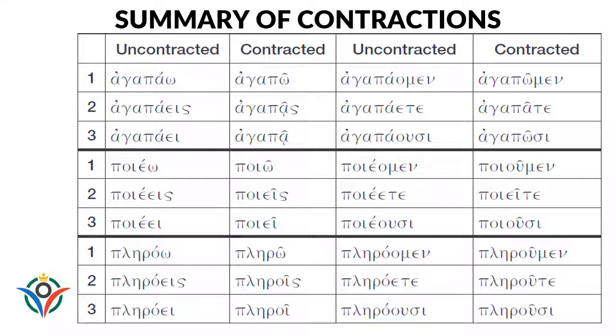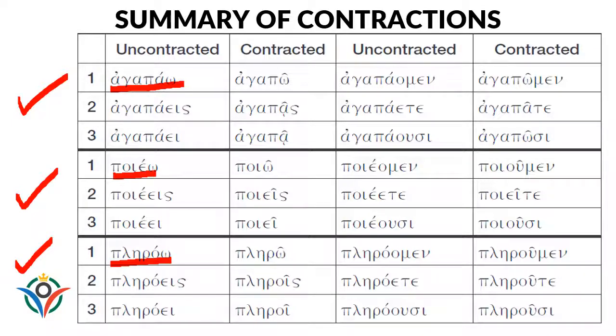All right, here is a summary of the contractions. So in the previous slide, I did the example of agapao with you. And there's also the example of poieo in your notes that you can go through, as well as pleroo.